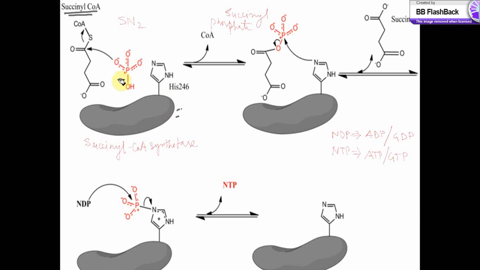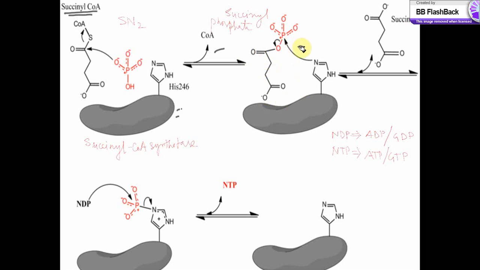What happens is that this inorganic phosphate group, which is a very strong nucleophile, will attack this structure. Look at this structure. It will attack this carbon, and so this coenzyme A will leave, and this phosphate group will join and form a very complicated structure, which is very short living.